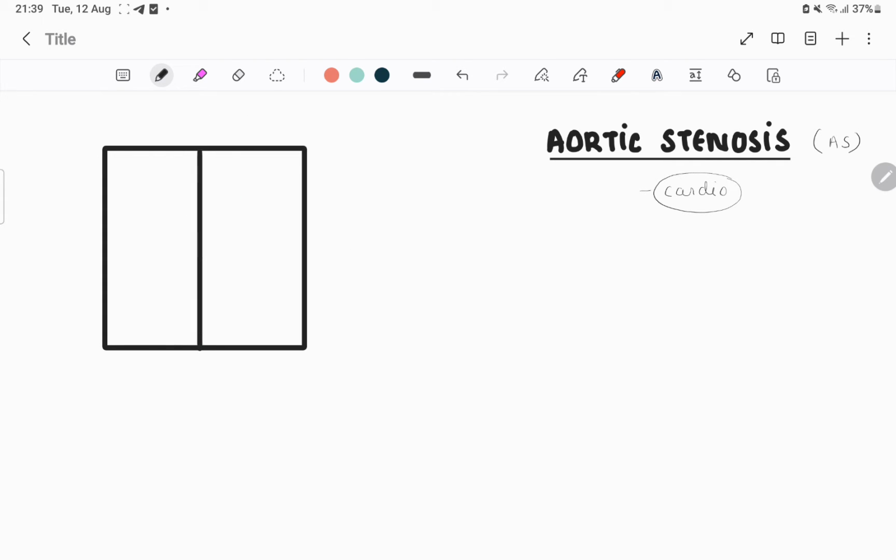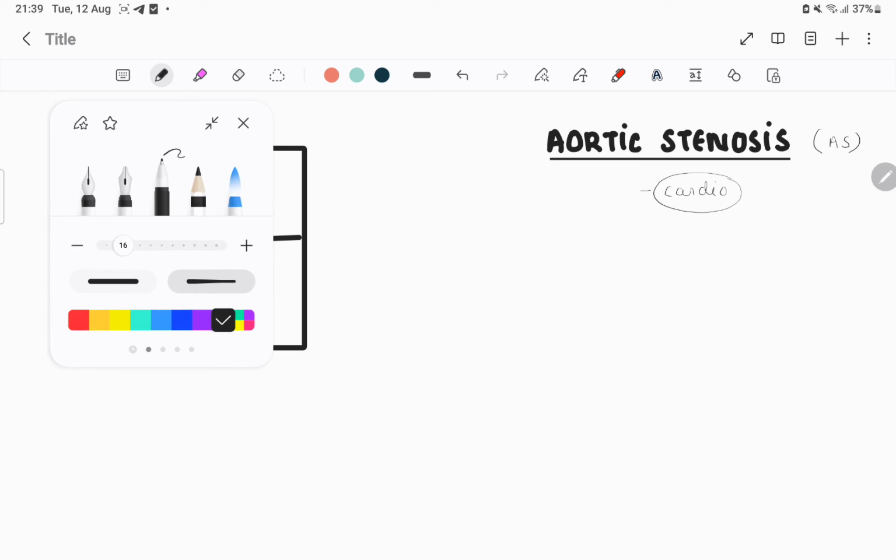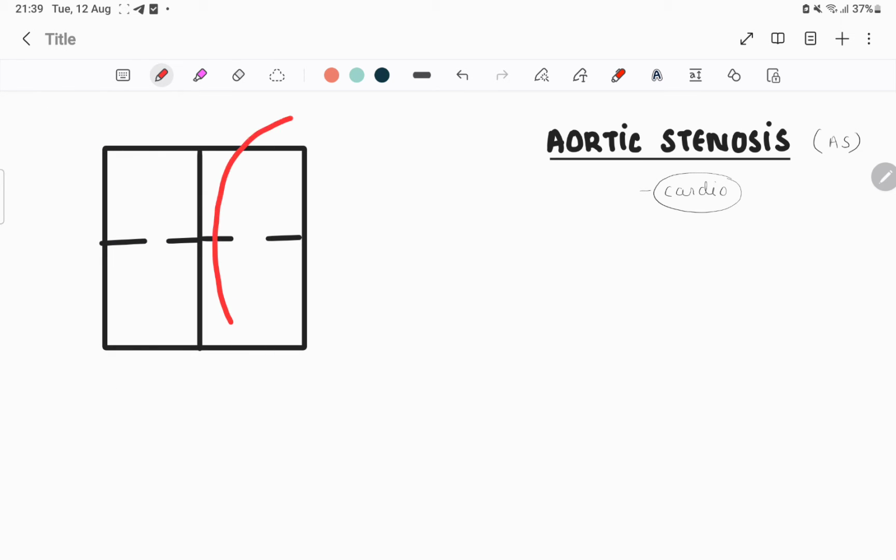let us make it very easy. Let's assume this is the aorta. So we have an aortic valve here.